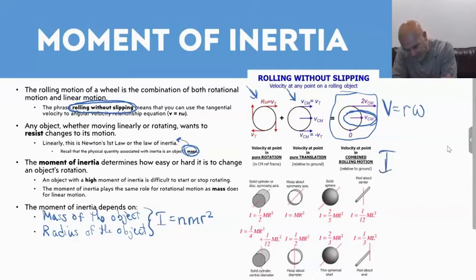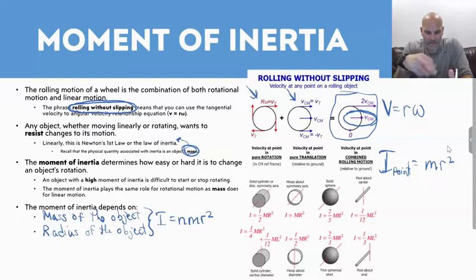If it's just a point, like an object on something, that's just our basic m r squared: mass times where it's located, squared. This will matter when we do angular momentum. If you drop something on, say, a record player, it's going to slow down, and you have to find the total moment of inertia for that system to include that object.